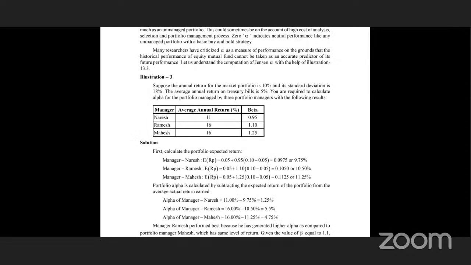Always they will give the combination: calculate the return on portfolio, and in the problem you need to calculate Sharpe, Jensen's and Treynor. SP, TP and JP you are going to calculate. Yes, always they will give the combination of these portfolio measures.